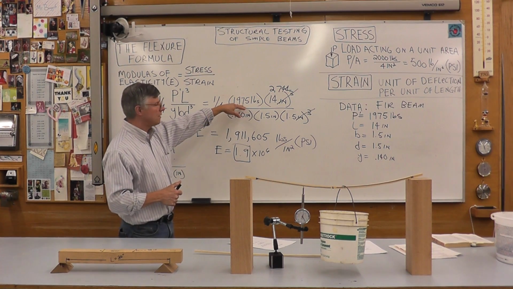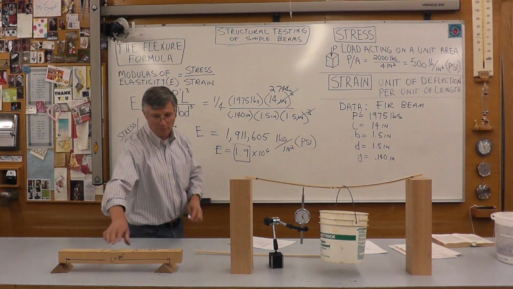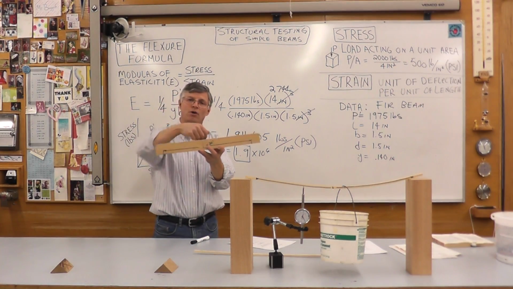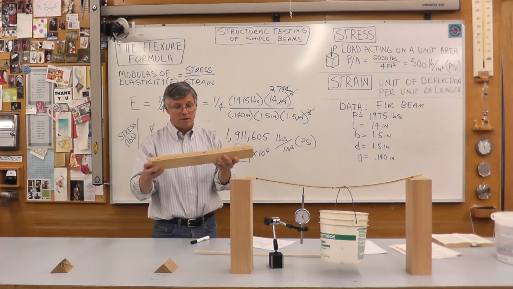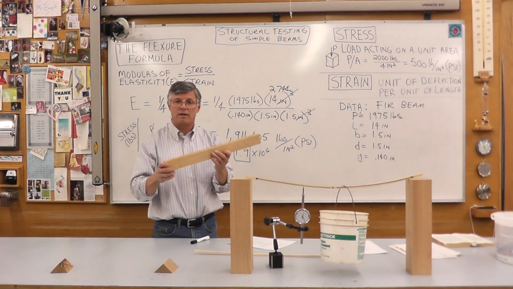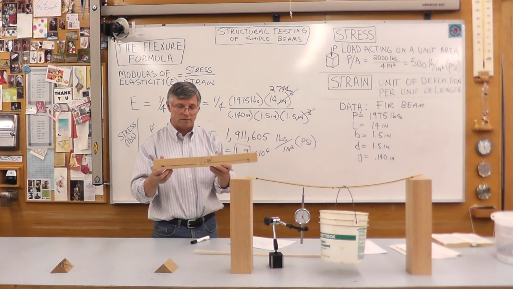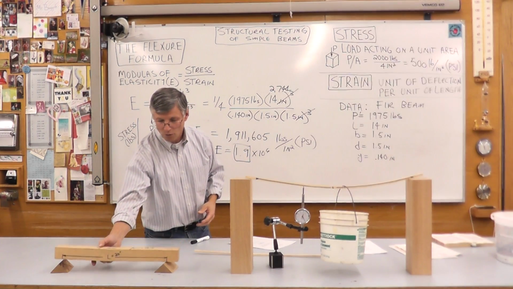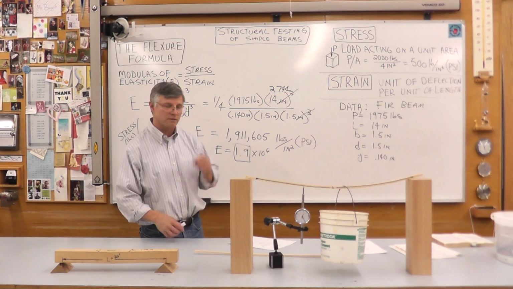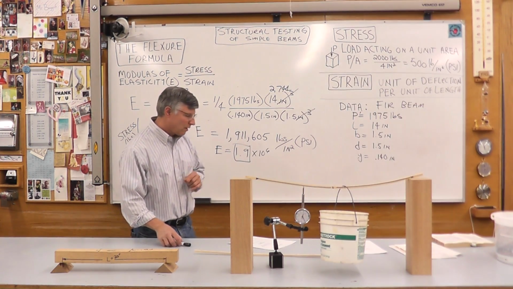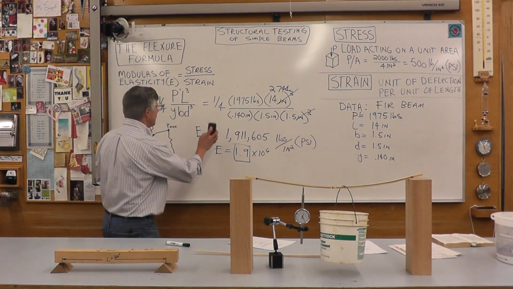So 1,975 pounds on a beam this size being loaded gives you a sense that it's a fairly strong material, and that E value would tell you if I build my bridge out of fir or pine or oak or hickory or whatever, what is going to be the difference in the load carrying capacity of this structure. Okay, so enough of that.